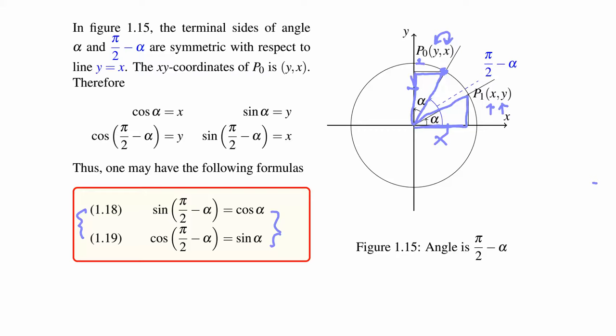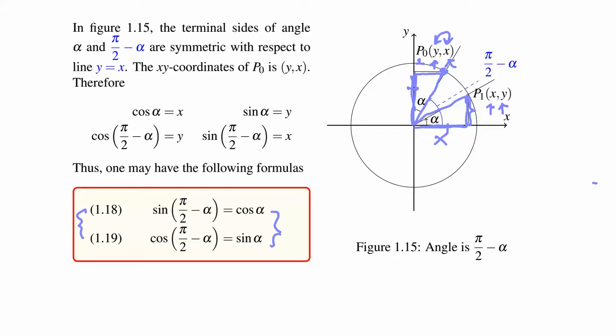Then the length of this part is going to be the vertical coordinate. So the vertical coordinate is actually x, the length, and if here is y, that's the length of this segment. Okay, the x coordinate will be the value y, so xy is switched to yx.